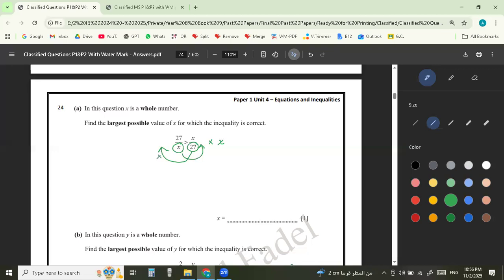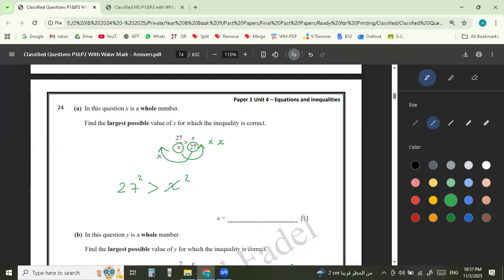So it is going to be x times x is x squared. So 27 times 27, I'm going to keep the same inequality. X times x is x squared, and 27 times 27 is 27 squared.